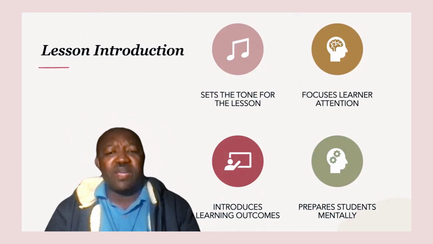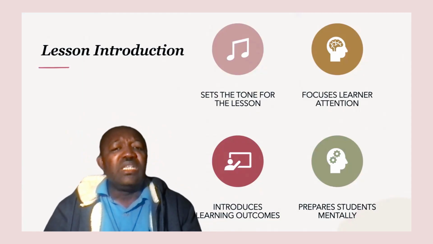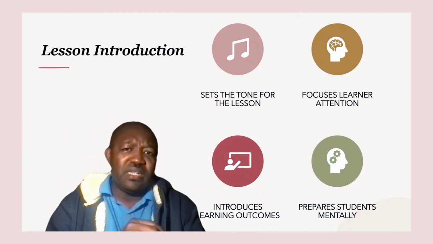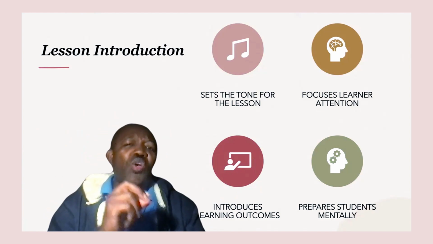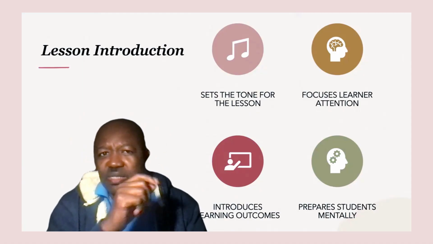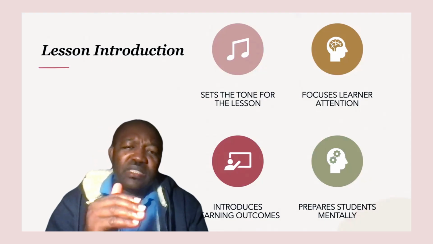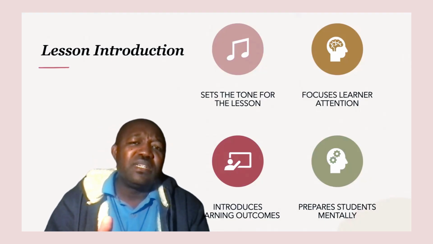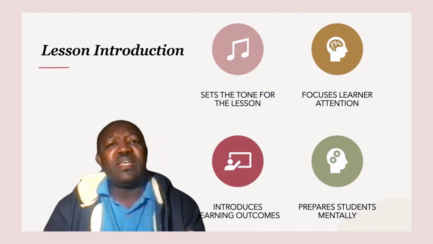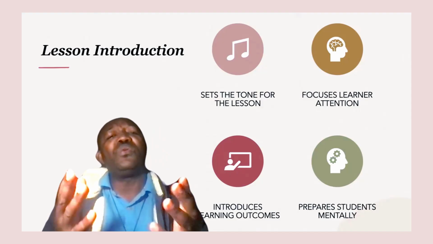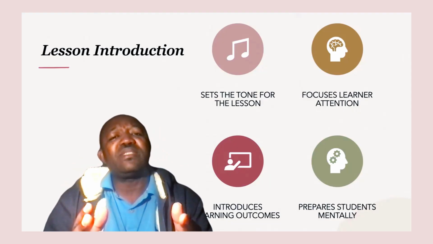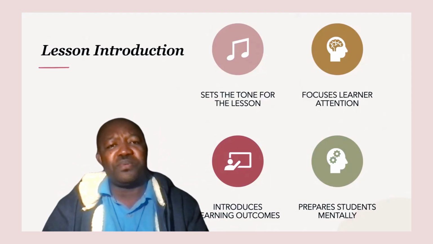Then we can also say that it introduces the learning outcomes, the objective, what the teacher wants to achieve within the classroom. This is the time that the teacher mentions that today we are going to look at the sacrament of baptism, for example.